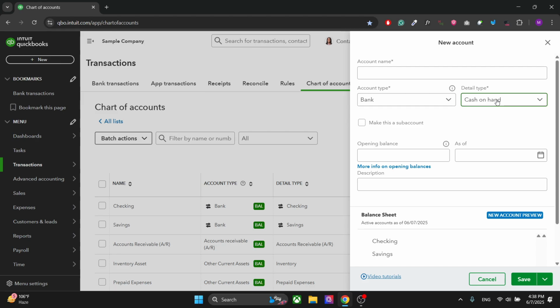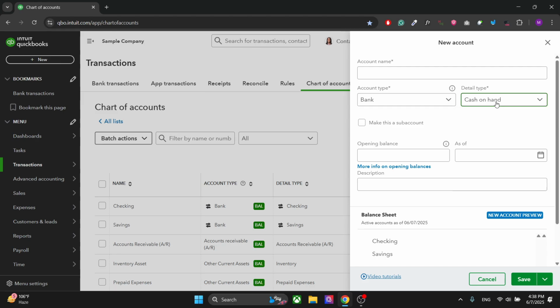For example, let's say a retail store keeps $200 in the cash register for daily transactions. That will be recorded right here. Similarly, a coffee shop that receives, let's say, $500 in cash tips that haven't been deposited in an account yet, that will be added right here as well.